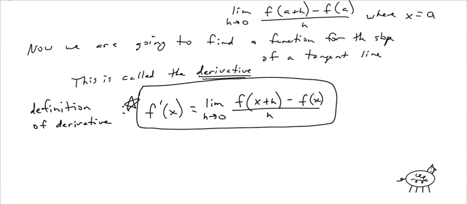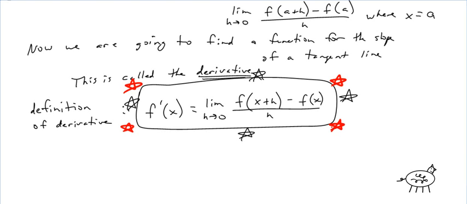Okay, so I'm going to put some stars next to it, and put some stars in the corner here. The reason this is so important is we're going to learn a couple different ways to find the derivative.